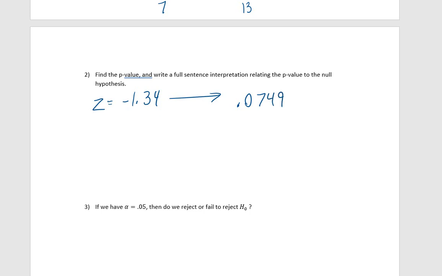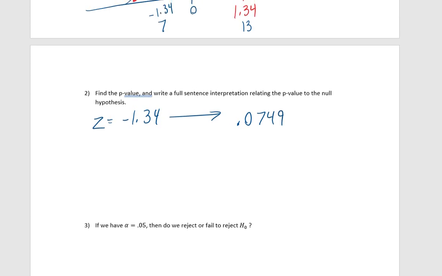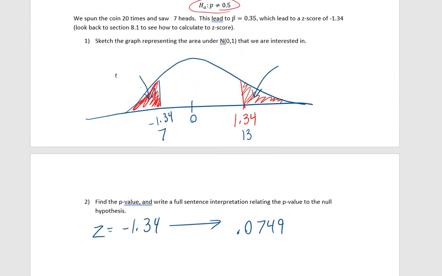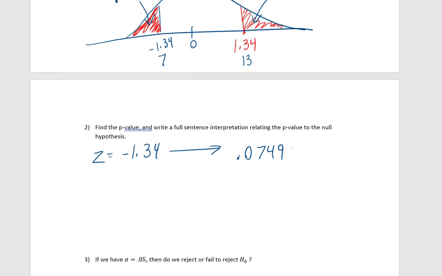That's going to give us 0.0749, but remember, that's just the area on this side. We also have to add the area on this side, and since it's symmetric, it's going to be the same amount of area. Like if you fold in half, it would land on itself. So we need to multiply that by 2, and here's what we're going to get, 0.1498. So our p-value equals 0.1498.